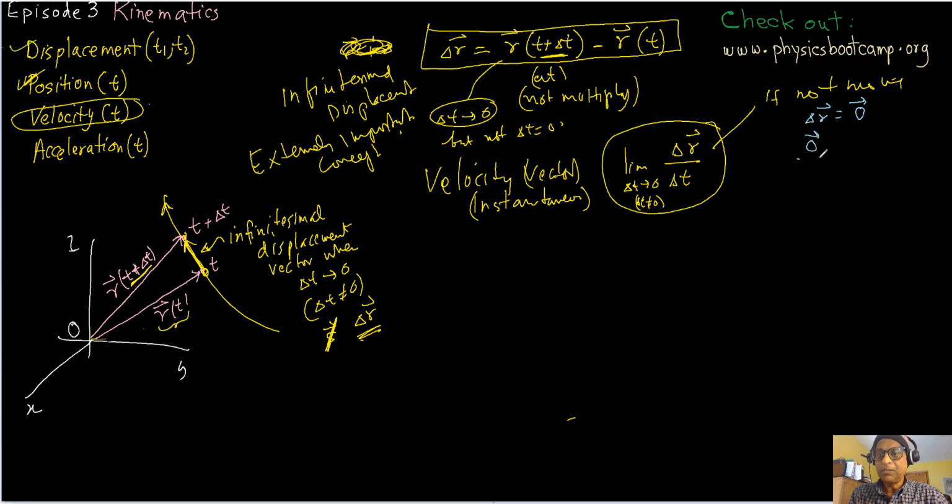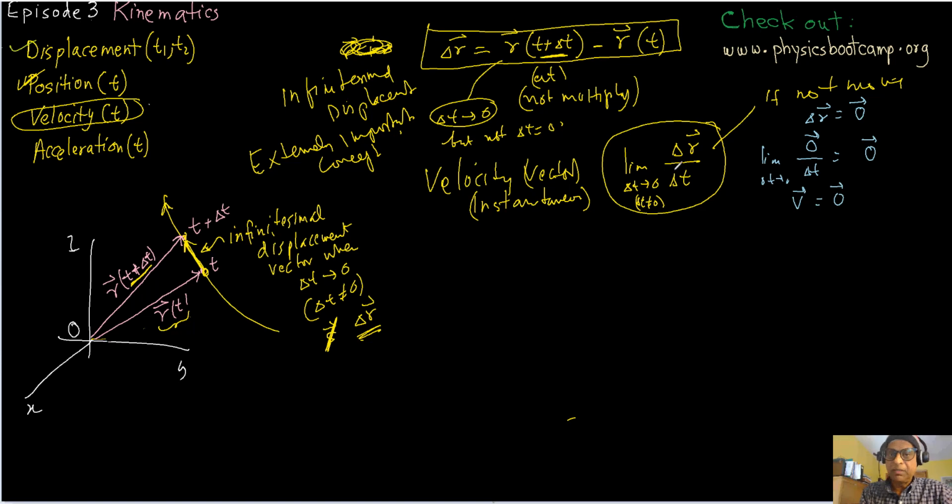Then a 0 vector divided by non-zero delta t, limit delta t goes to 0, is just going to give me a 0 vector. So the velocity in this case will be a 0 vector. That's why we say velocity is 0 when something is not moving. But if it's moving, then it's not going to be 0.